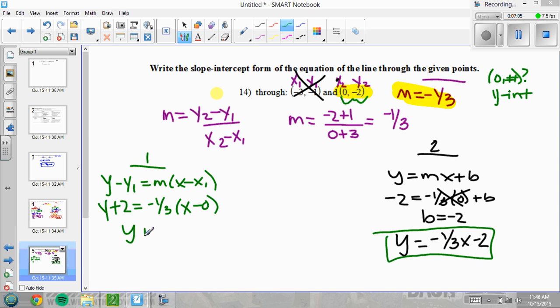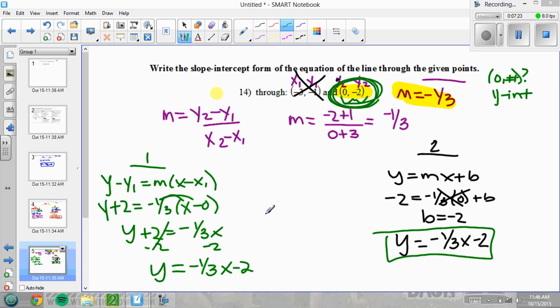So y plus 2 equals, I can distribute, negative 1/3 x, subtract my 2, and we still come up with negative 1/3 x minus 2. But again, if you recognize right away that you have a y-intercept as one of your points, you can find your slope and plug this right in. I think there are 2 other problems on your worksheet like this, so you want to watch for that. But if you don't notice right away, you can still go through. If you had used the first point, you still would have come up with the same thing, and that's perfectly okay.